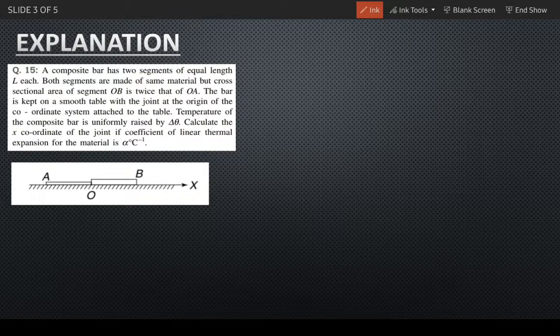Coming to the explanation part. First of all, when you read the question, you must have got the idea regarding the two rods being placed together and having different mass. This gives us an idea regarding the center of mass chapter, where we know that if there is no external force acting on a body, with no push or pull, then the center of mass will behave as it is, that is, it will stay at rest.